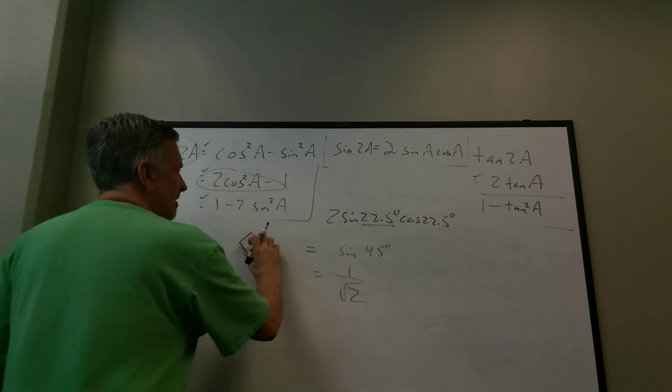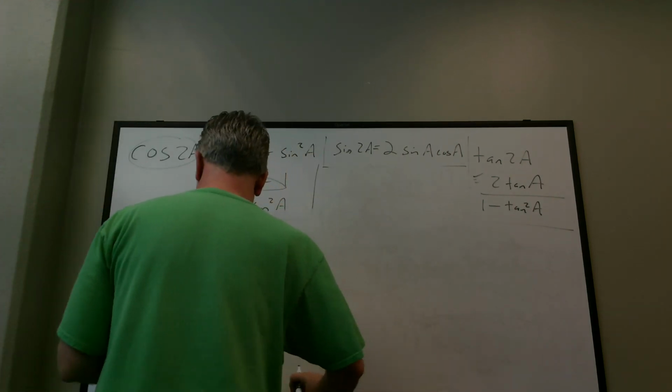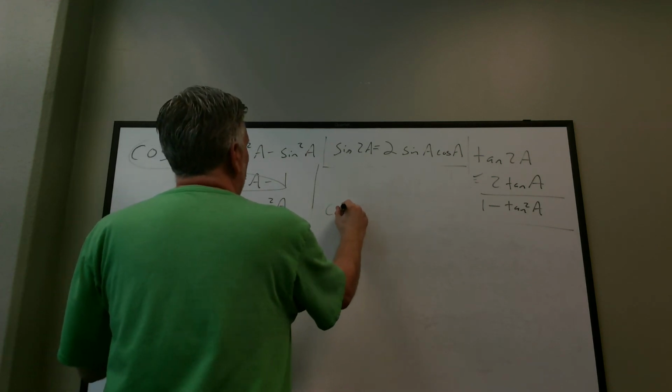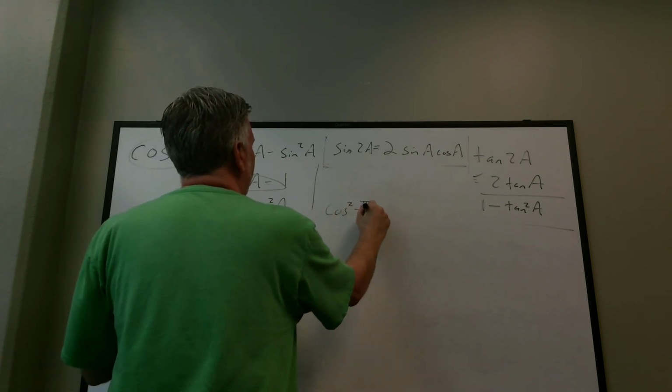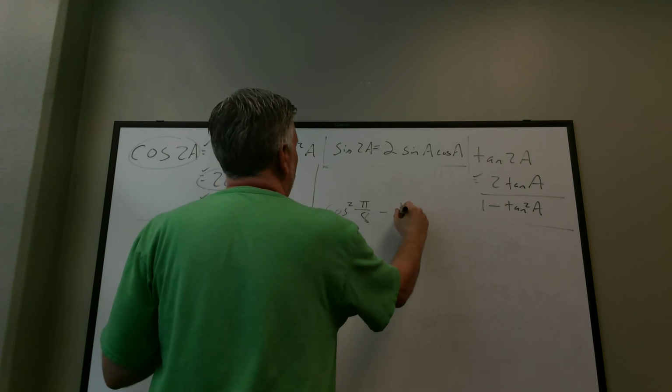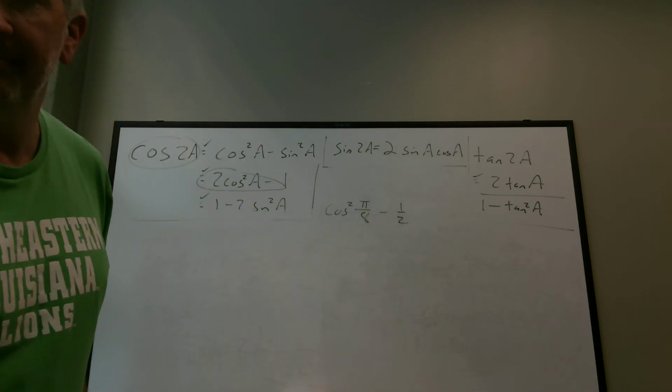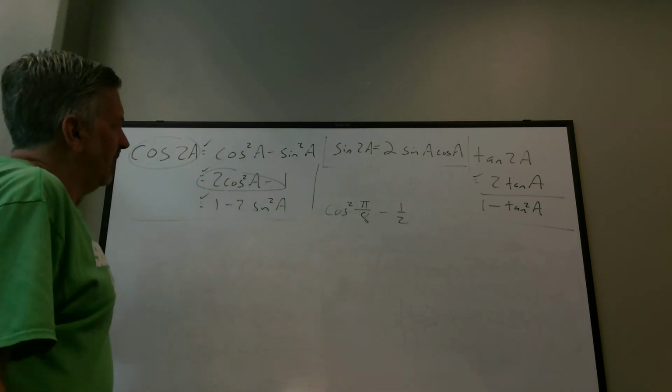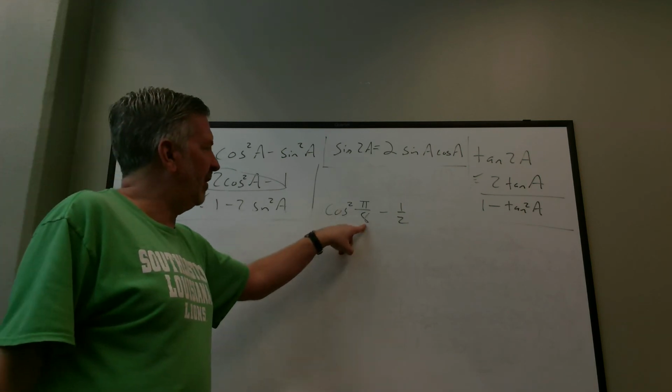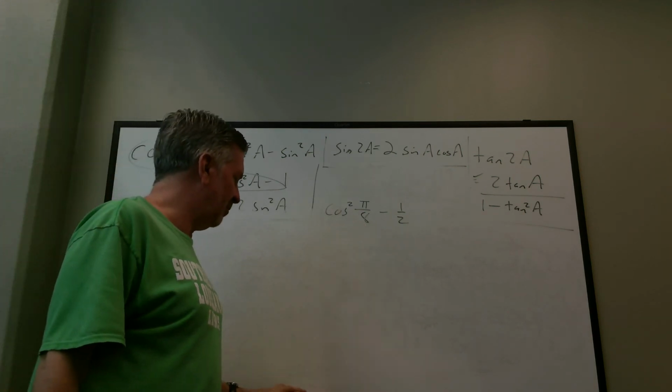The next problem says do the same thing, but this time for cosine squared of pi over 8 minus 1/2. Okay, well again, pi over 8 you should recognize is not an angle in one of our special triangles.